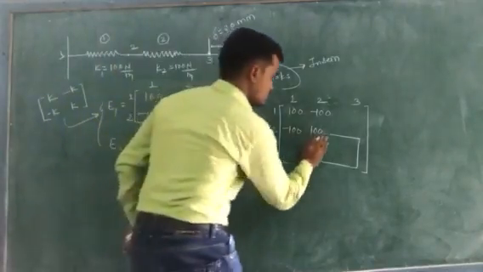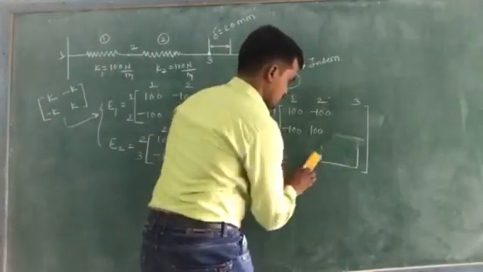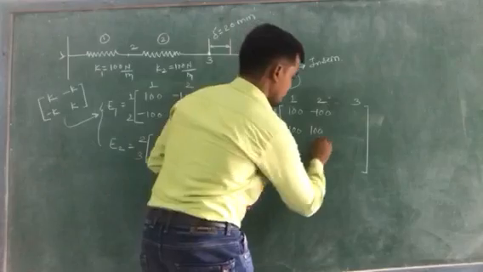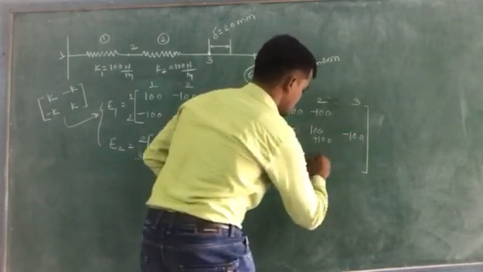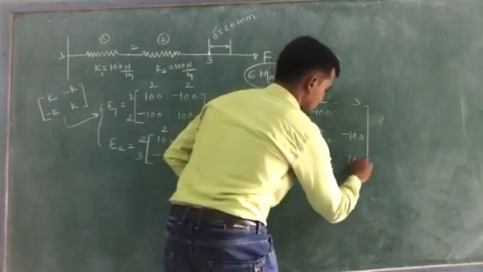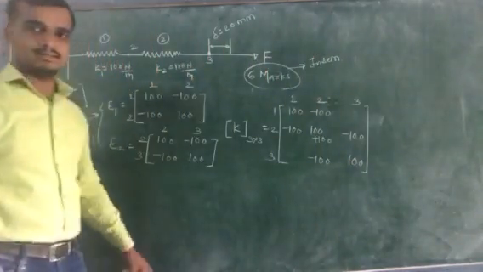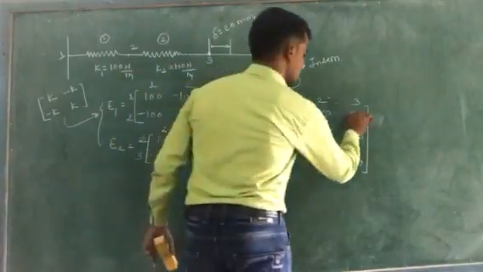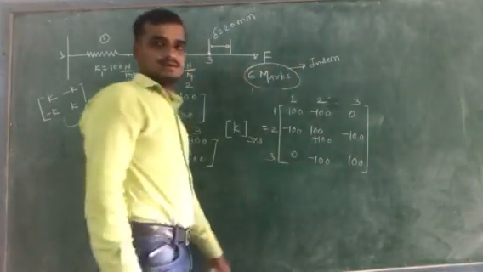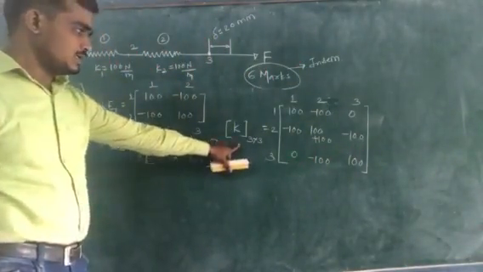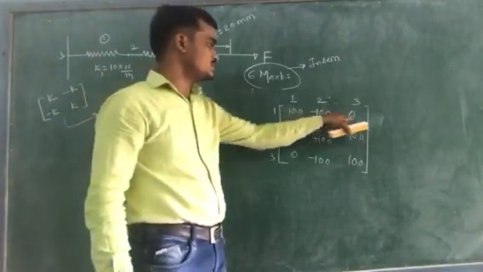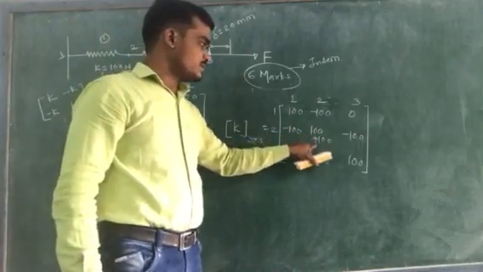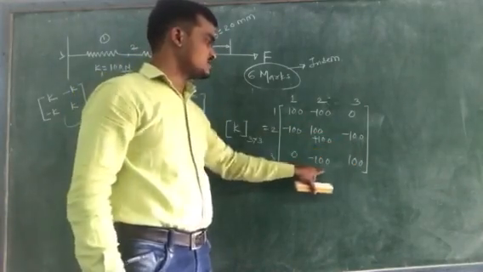So here it will become plus 100, minus 100, minus 100 and 100. And the remaining elements will become equal to 0. So in this way you will get the global stiffness matrix K as 100, minus 100, 0, minus 100, this will become 200, minus 100, 0, minus 100, 100.